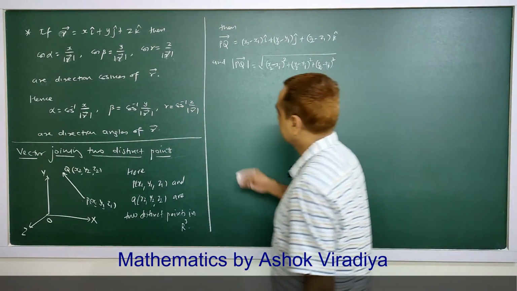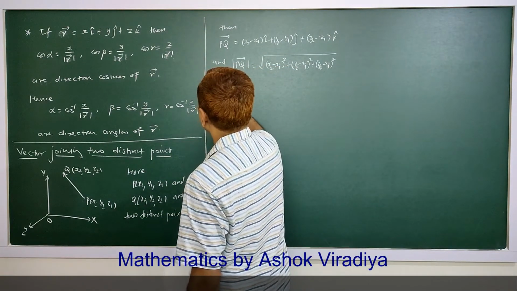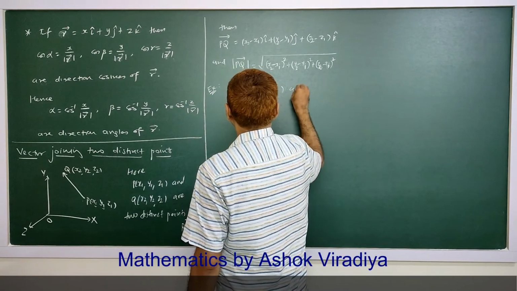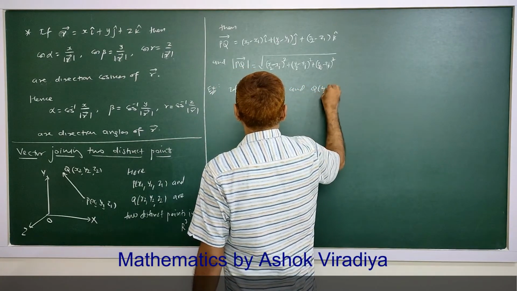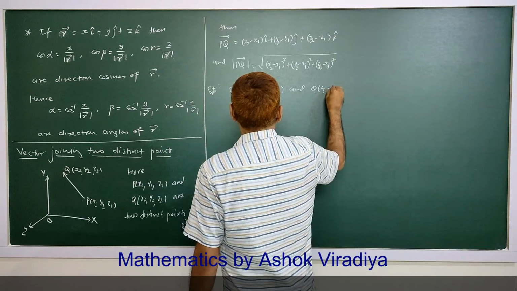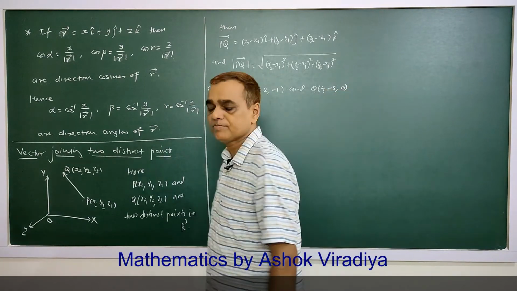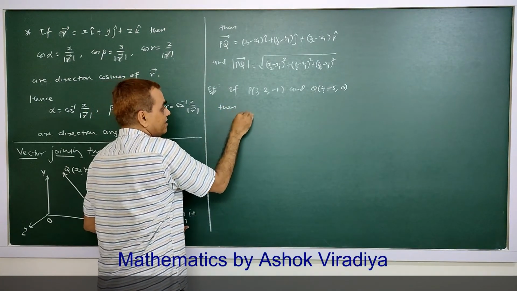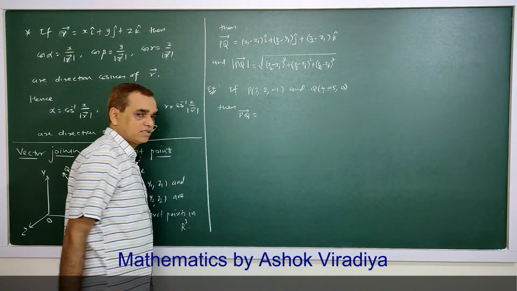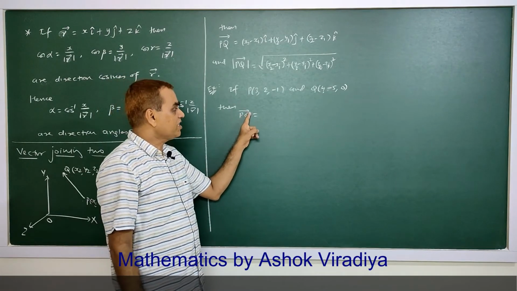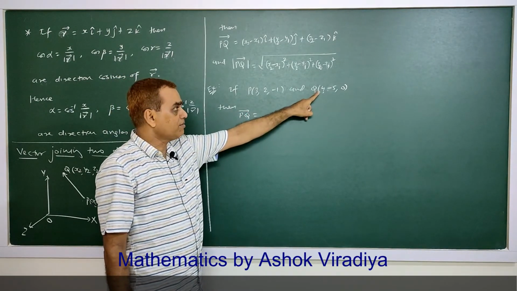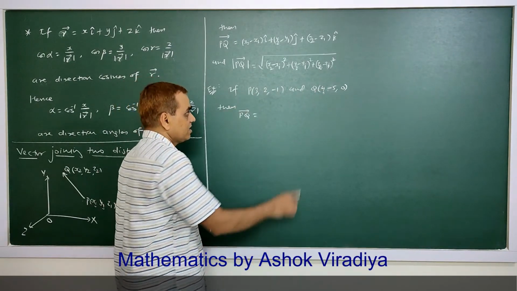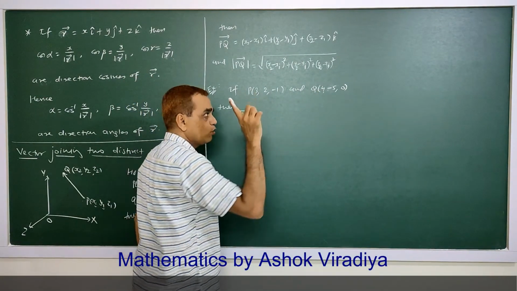As for example, if P is (3, 2, minus 1) and Q is (4, minus 5, 0), then vector PQ is, say the terminal point is Q. So from the terminal point take subtraction. So 4 minus 3 is 1.